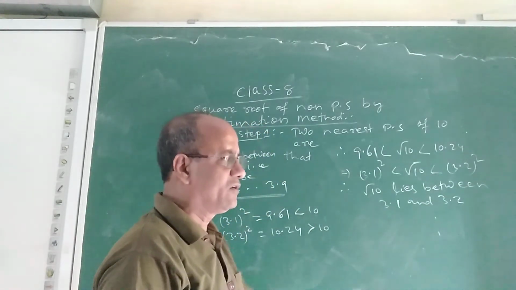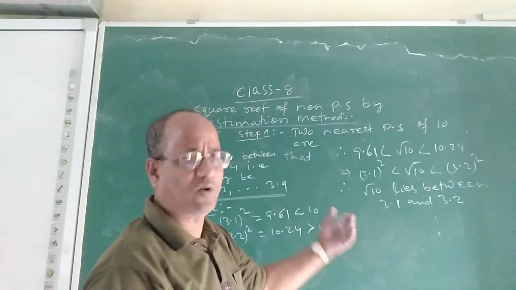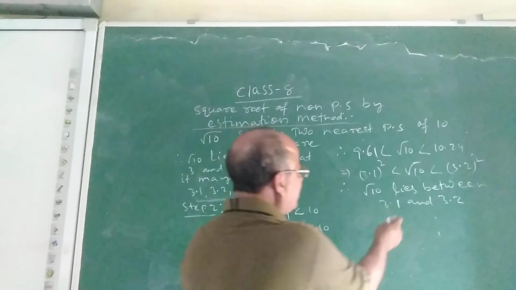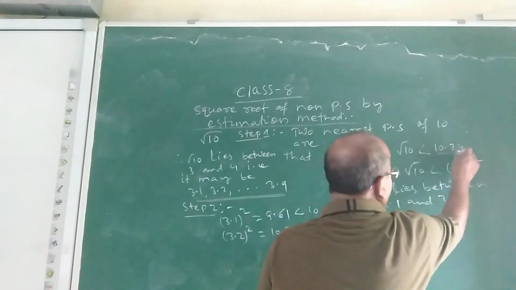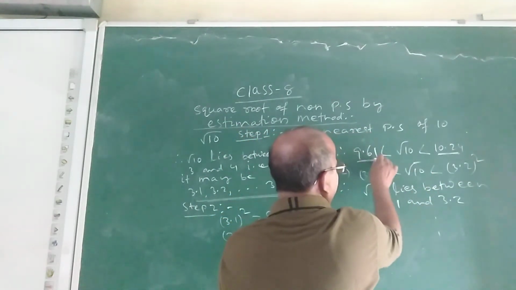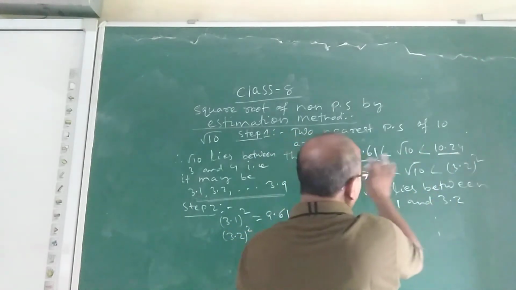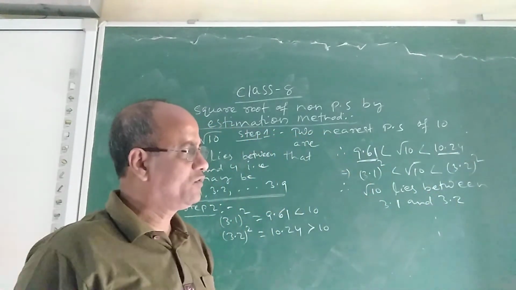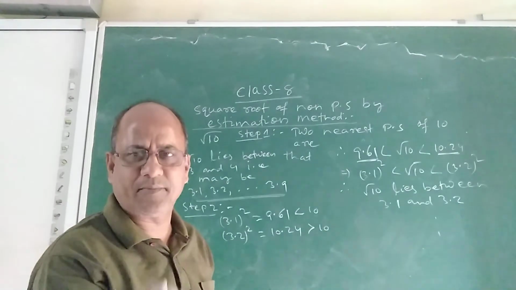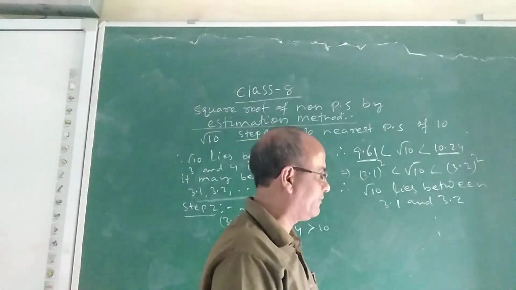Okay. Now what is the next step? The next step is how to get the square root. Look at this number and this number. Between 10.24 and 9.61, which one is closer? Closer means which one is nearer to 10.